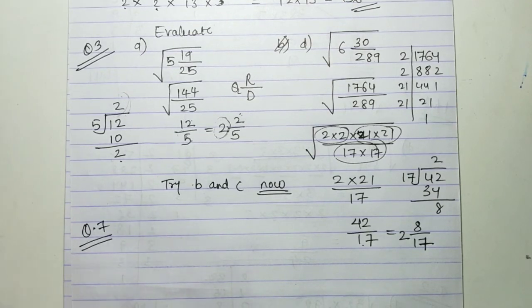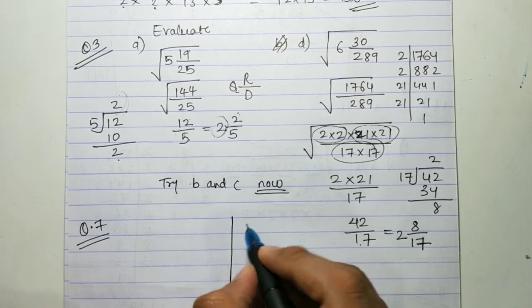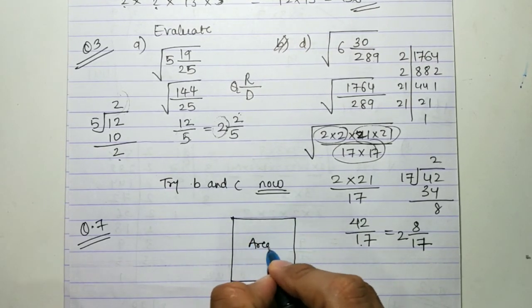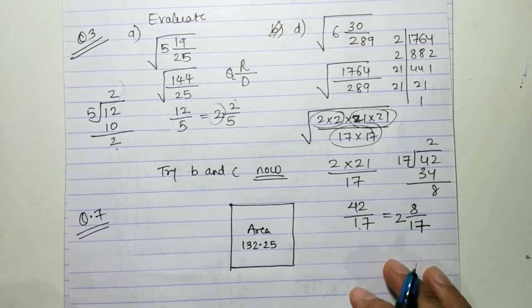Okay, I'll start with question number 7. Interesting question. The area of a square field is given as 132.25 kilometer square. See, there is a square field. This is a square field. Area of this field is 132.25. Okay.